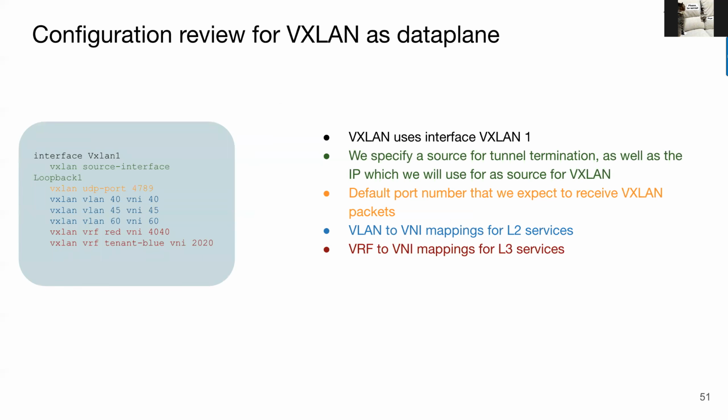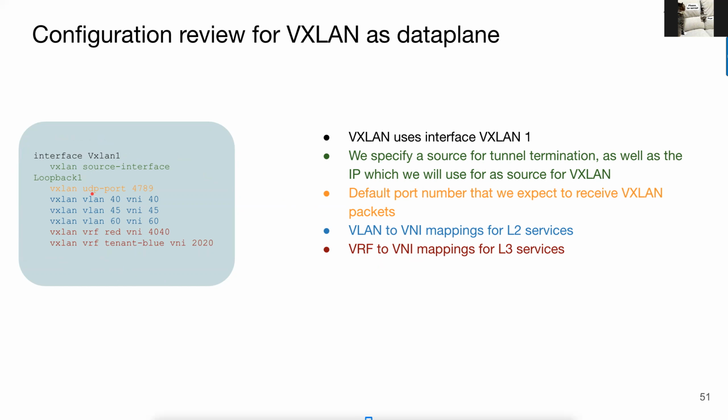I do want to make sure we review the configuration for VXLAN, because this is all of our data plane information. Nothing new. We will drop into our Vxlan1 interface mode, set the source interface to be Loopback1 in most cases. Loopback0 is used as our EVPN source.